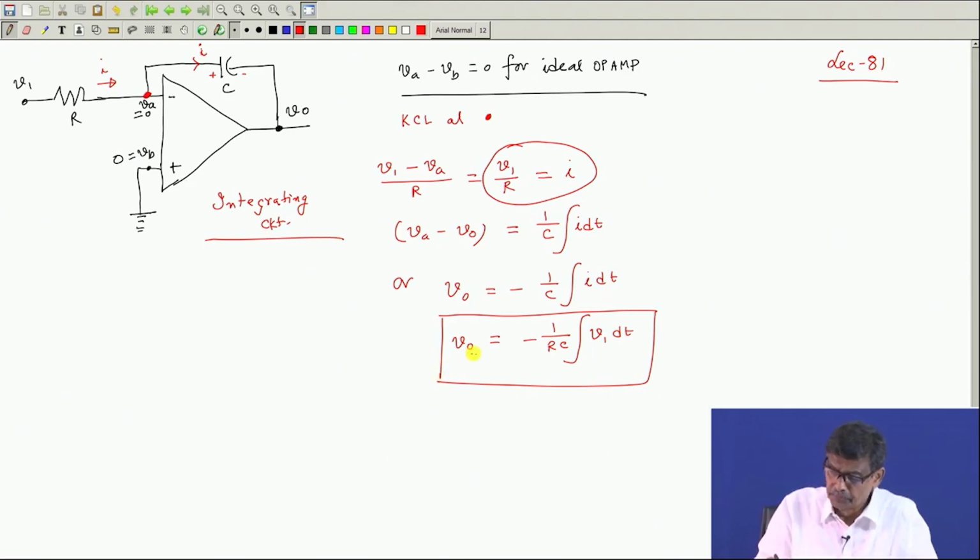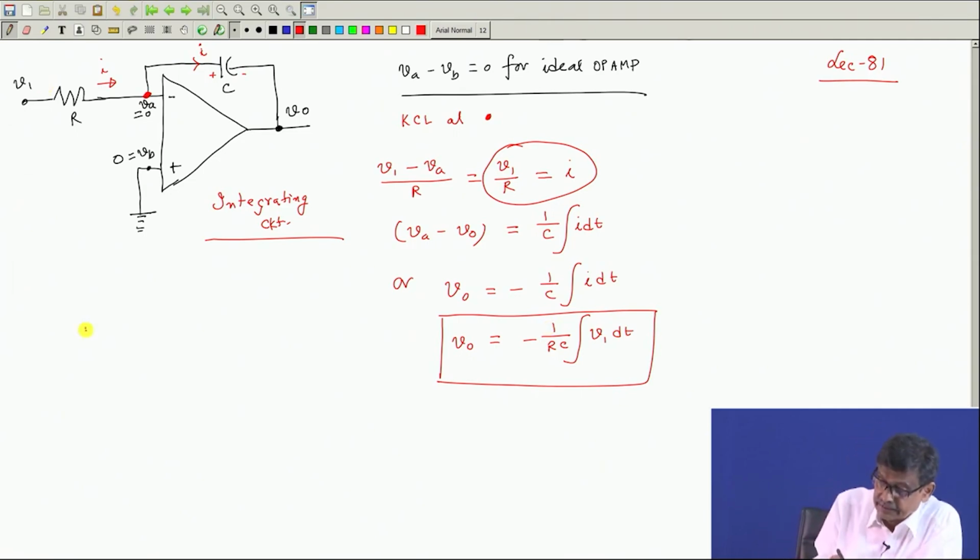It will of course invert the input signal. After integrating, it will scale it up or down depending upon 1 by RC. So, there will be an amplification factor as well as inversion of the input signal.